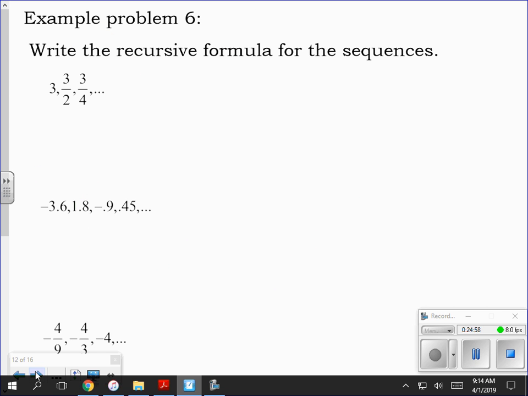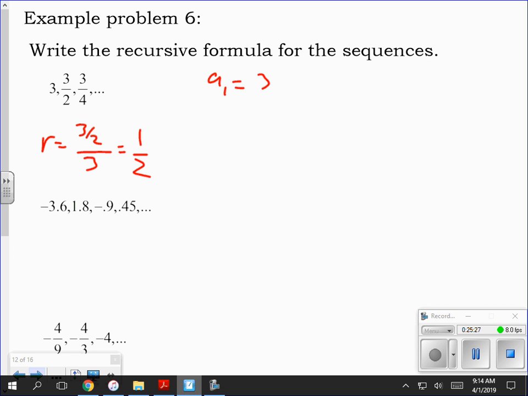So write the recursive formulas for the sequences. This one is actually easy. You need two things. You need the first term, and you need to know what your R is. So R is 3/2 divided by 3, which ends up giving 1/2. This is the recursive formula, and it's two parts. One, what is my first number?